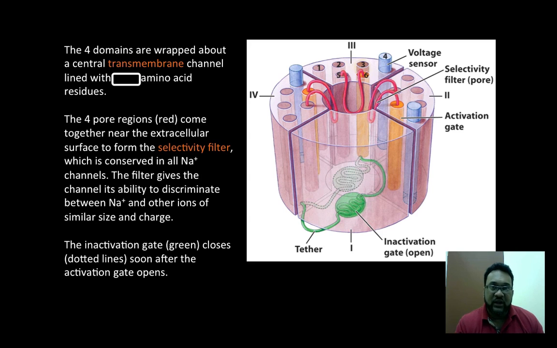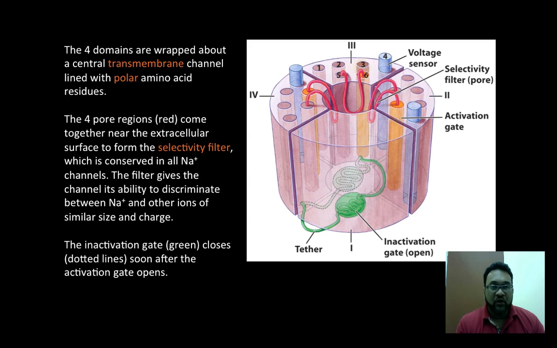Now remember, the transmembrane channel is where the sodium ions are going to be passing through. So what kind of amino acid residues do you think are going to be present there? You have 2 choices, either it's polar or non-polar. Hopefully, if you know your biochemistry, you should know that because the sodium ions are passing through, you would want polar amino acid residues in that transmembrane channel.